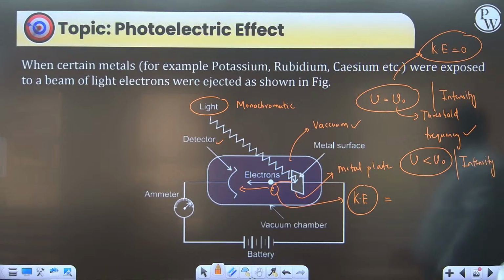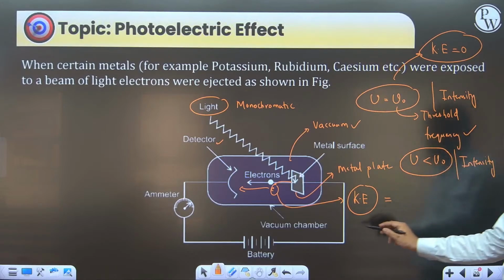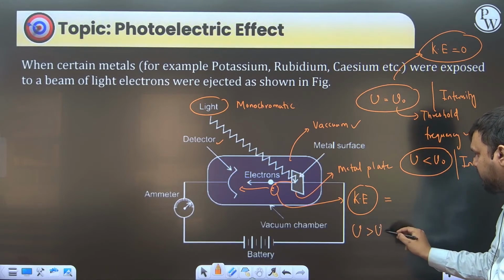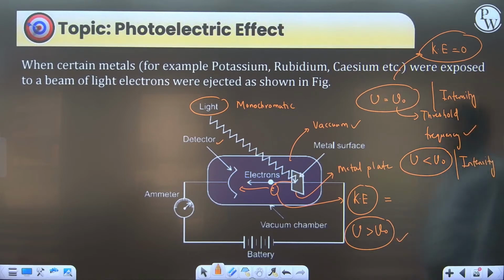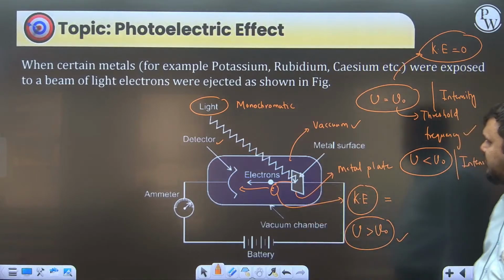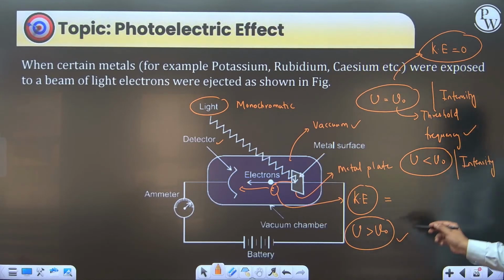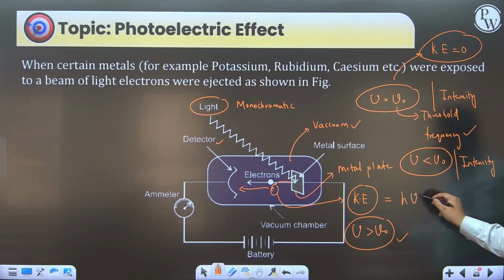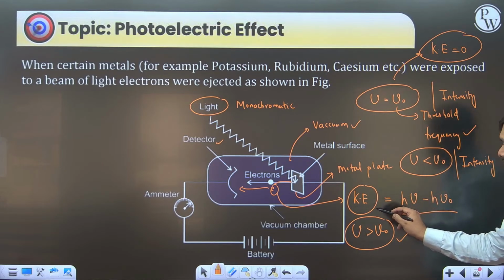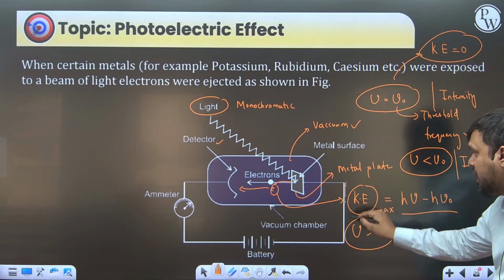So if the frequency is more than the threshold frequency, what will happen? There will be some kinetic energy. The electron got ejected with some kinetic energy, and how much extra energy will there be? h nu minus h nu naught. This will be the difference, and this extra energy gets converted into kinetic energy, and we write it as kinetic energy maximum.